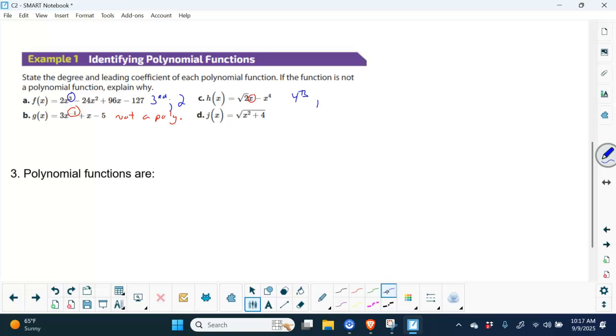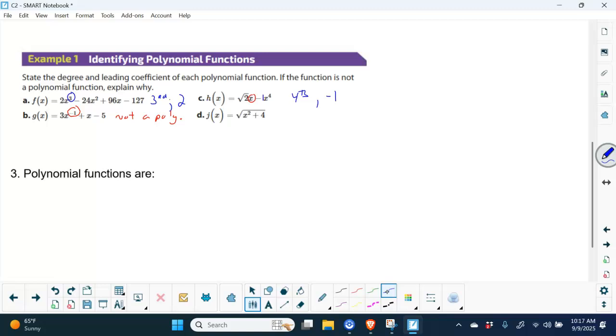And what's the coefficient of the x to the fourth power term? All right, you thinking of something? Hey, by the way, I always tell my students, don't be a copier, be a thinker. Make sure when I ask a question, think of the answer. So what's the coefficient? What's the lead coefficient? It's a -1, right? A negative x to the fourth is like a -1 x to the fourth.